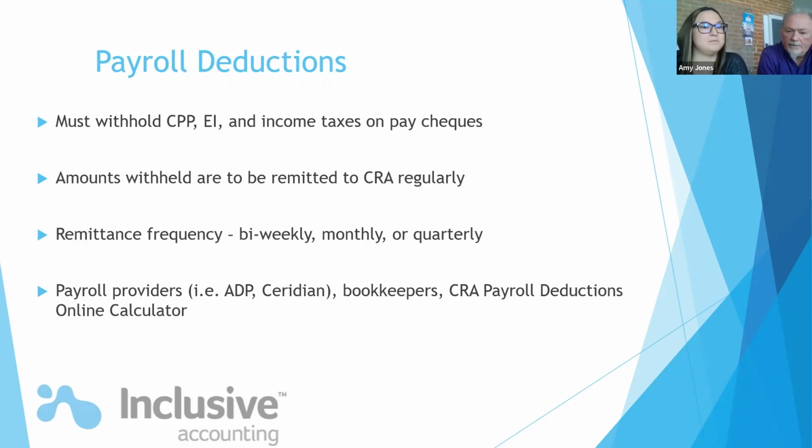Sorry, Amy, just in addition to that on the payroll stuff, be aware that as the employer, you get the joy and privilege of also remitting payroll costs on top of what your employees have had deducted off of their paycheck. For example, with CPP, if you deduct dollars off of your employee's paycheck, you as employer get the privilege of matching those remittances.